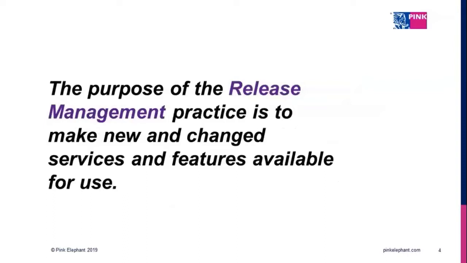When we think about release management, this is making new and changed services and features available for use. That means that we're actually turning on the features, we're turning on the functions, we're making everything available so the business can go ahead and take advantage of that particular release.